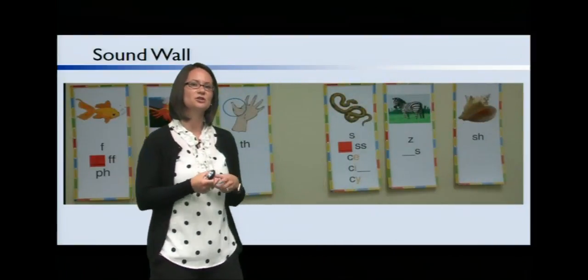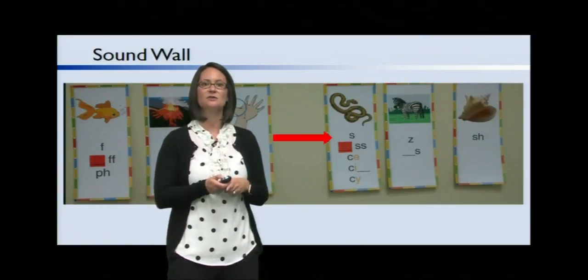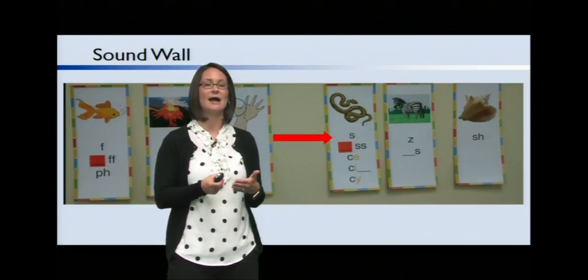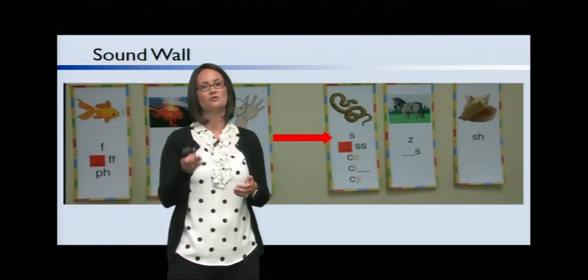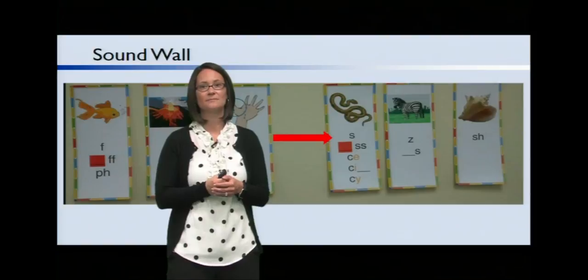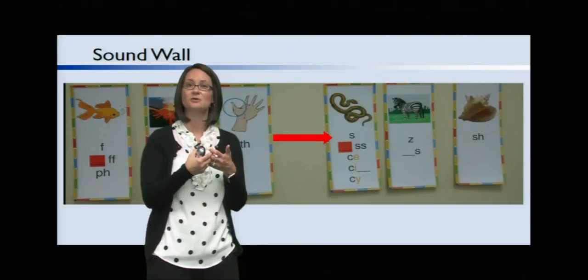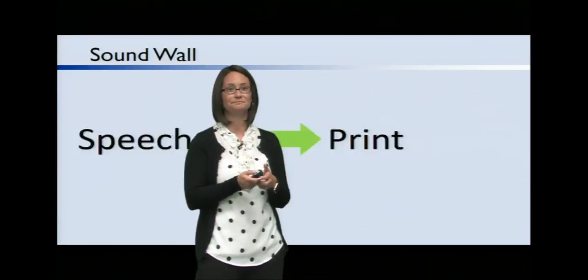If I was a student who wanted to write a word that had the S sound, I come here to find all of the different ways in which I can spell that S sound. I'm attaching the phoneme S to all of these different graphemes, or the different letters or letter combinations that spell that sound. That's a strong connection that we want students to know and to build on for their stronger reading and writing skills.